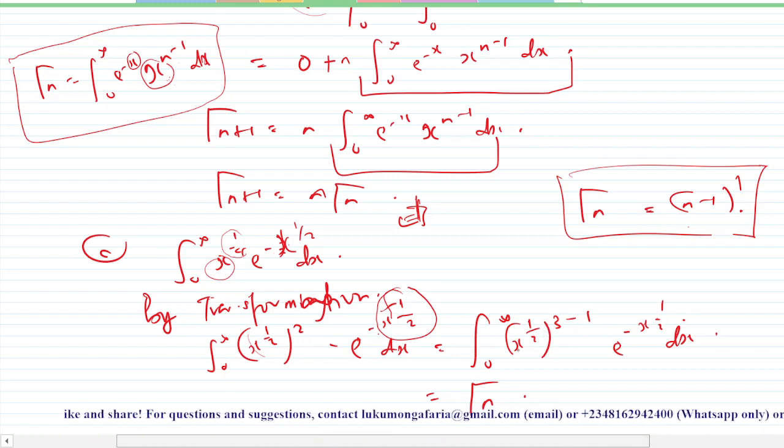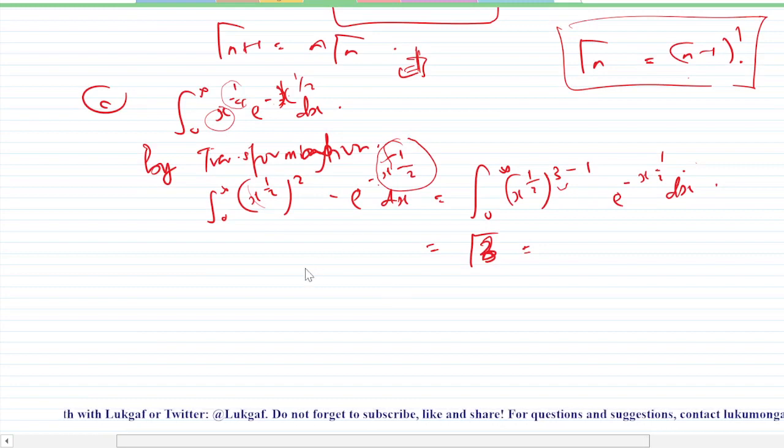You understand now? So in that sense, your n here is 3. So then you can adequately conclude that this is gamma 3.